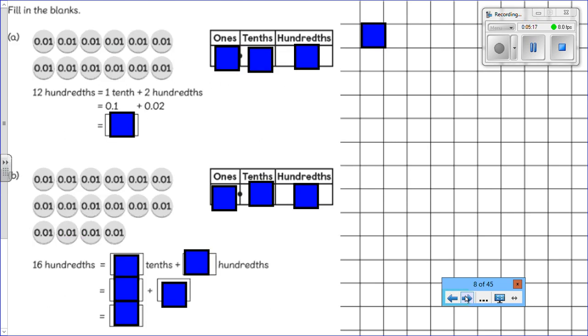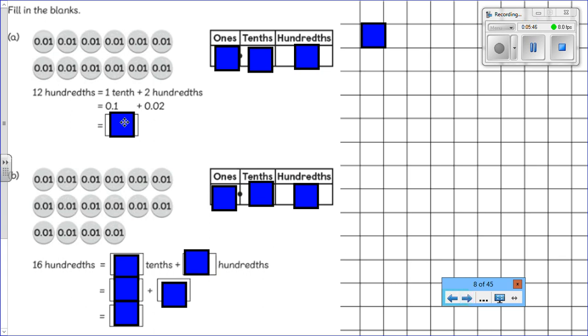Okay, so on the worksheet today, they have used the place value counters in question A. They again have started you off and written that that is 12 hundredths, which is equivalent to 1/10, add 2 hundredths, which is equivalent to 0.1, add 0.02.